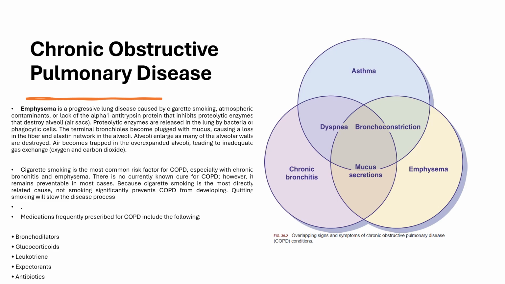Smoking is often linked to the development of emphysema. A less frequent cause is an inherited alpha-antitrypsin deficiency.